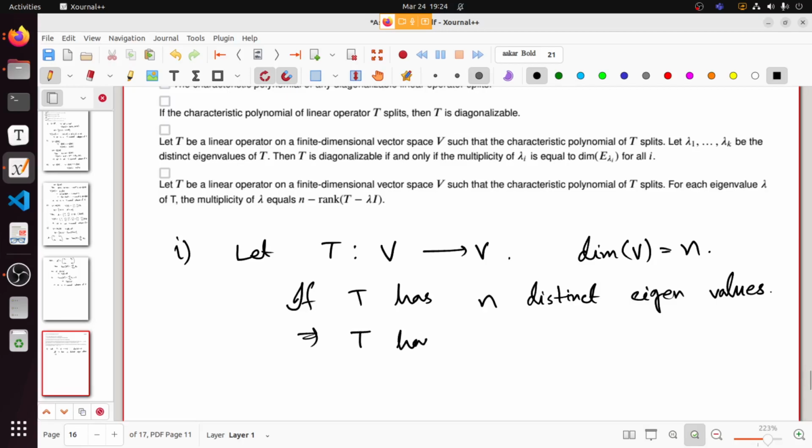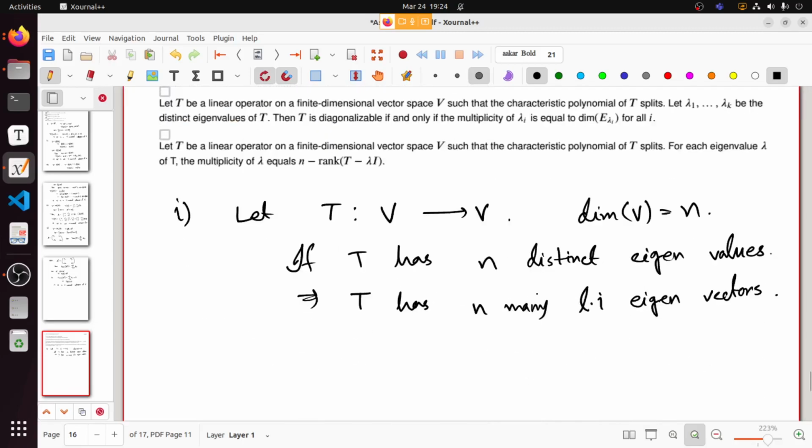T has n many linearly independent eigenvectors, so they will form a basis.